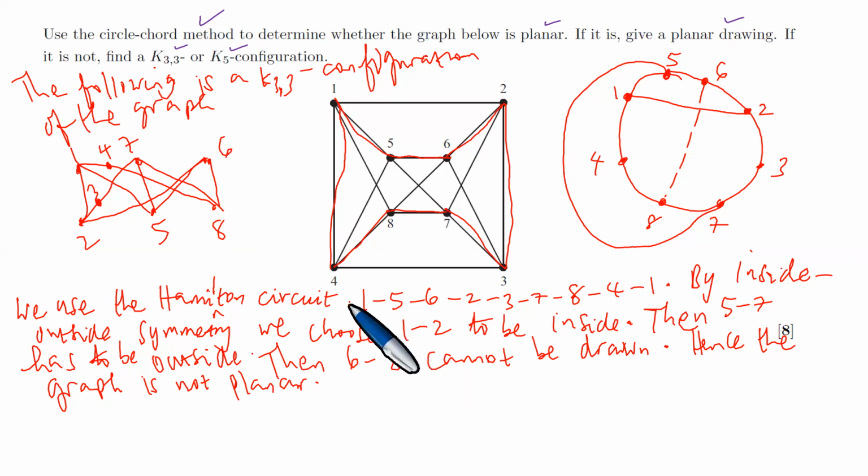It must form this second at the end of the day. So 7 goes to 8. Then from 8, you go to 4. And then from 4, you go back to 1. So in other words, it is actually these that has been rewritten to form this K33 graph.